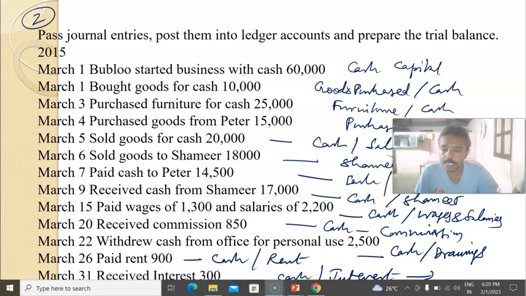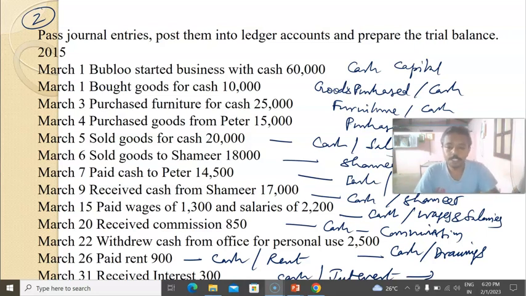Next, March 22. Withdrew cash from office for personal use. Who withdraws? The owner withdraws cash from business for personal use. So here we have two accounts: cash account, and the proprietor's account we already have, called Bablu's capital account. Do you remember that?